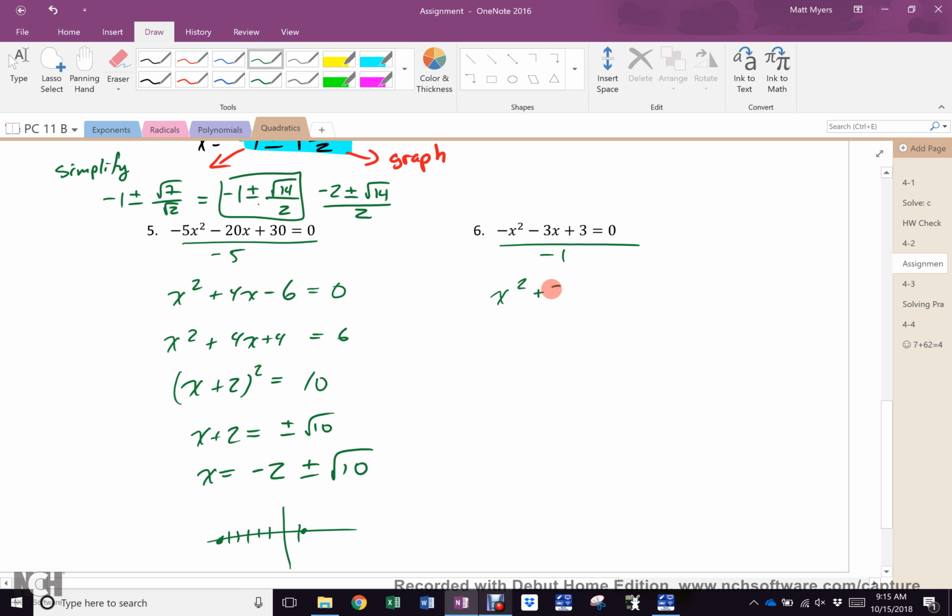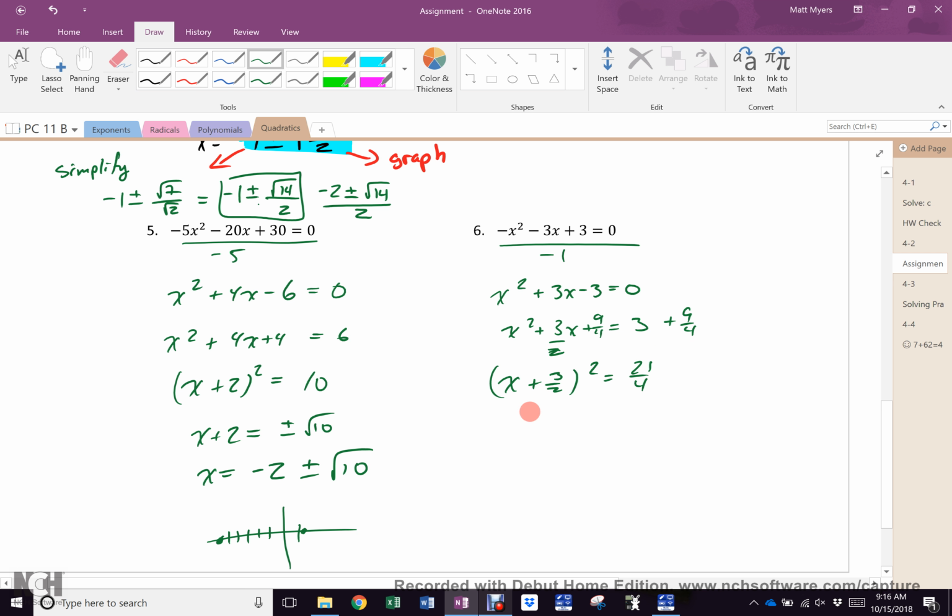x squared plus 3x minus 3 equals 0. x squared plus 3x equals 3. 3 over 2 squared is 9/4, so I add 9/4 to both sides. 3 is 12/4, so that's 21/4, yes?